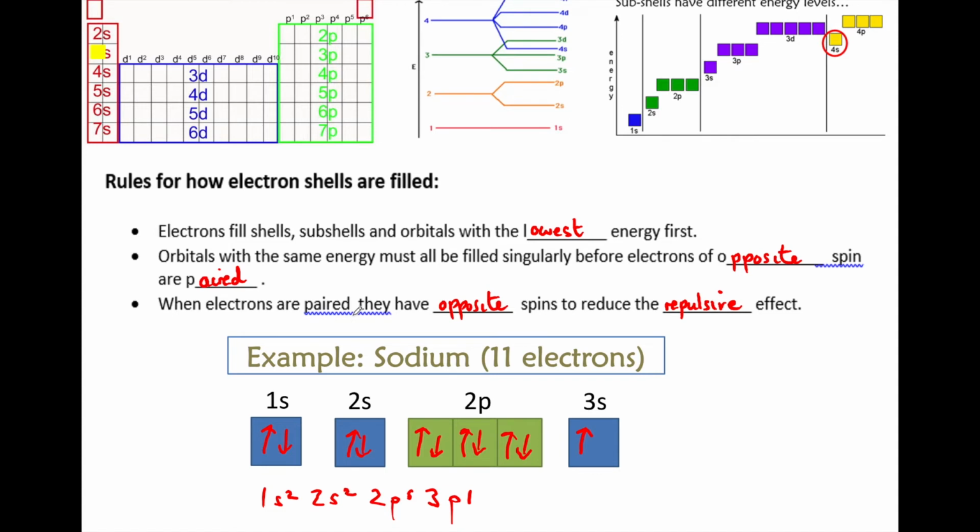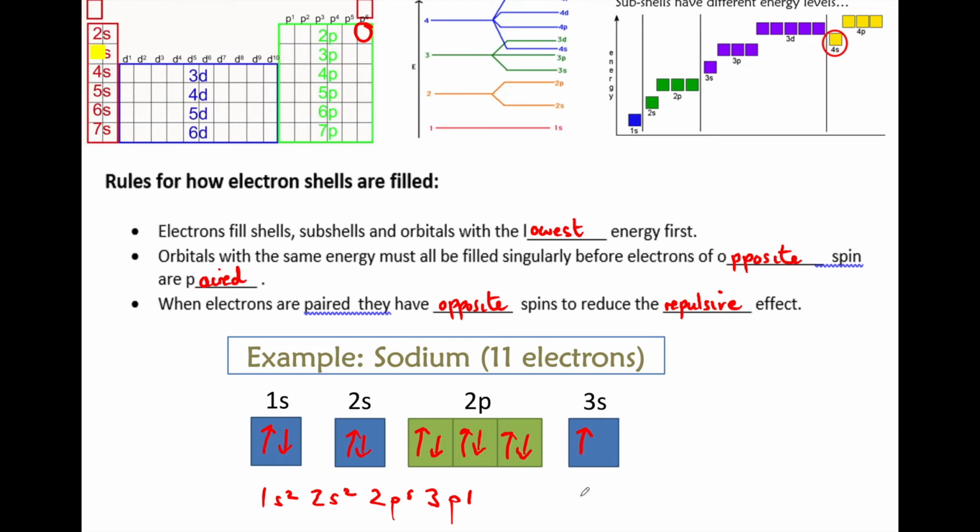Now I want to also, before I move on, talk about ions, because sometimes you're asked to give the formula of a sodium ion. Now of course a sodium ion will lose its outer electron, have one electron less, so it won't have the 3s1, and it'll have the same structure as here because it's got one electron less, which is neon.